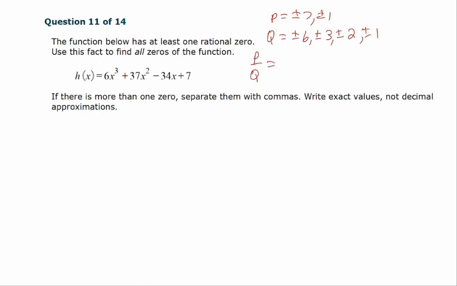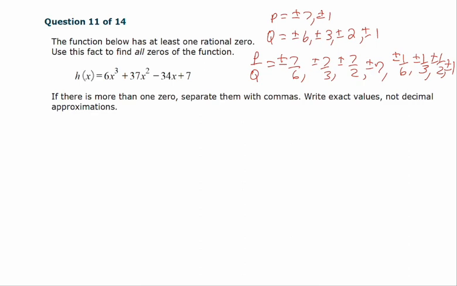First, I'm going to divide 7 by all of my Q's, leaving them in fraction form. 7/6, 7/3, 7/2. 7 divided by 1 is just 7. Now I'm going to divide the 1 from my P list by all of the Q's. So that's 1/6, 1/3, 1/2, and 1.